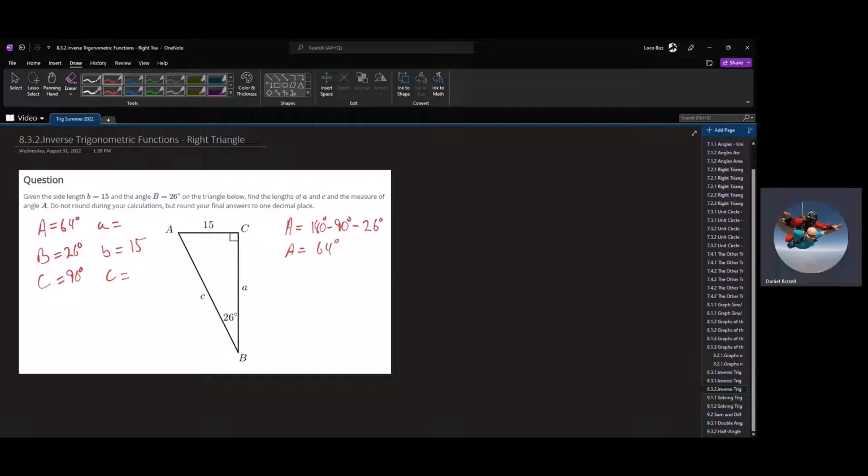Okay, and then to find our other two missing sides, I would use the trig definitions. So I would start out with SOH CAH TOA.